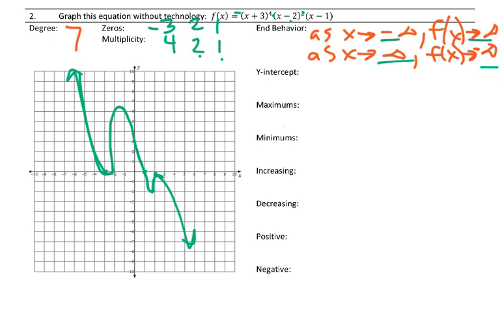Now, what I need to do is graph it with technology to see how well it comes, how close we got. So I graphed it with the calculator. I didn't use Desmos this time because I figure most of you guys will probably have just the calculator. So I decided to just graph it with the calculator and went through all the process of finding the minimums, maximums, zeros, all that stuff to begin with, okay?